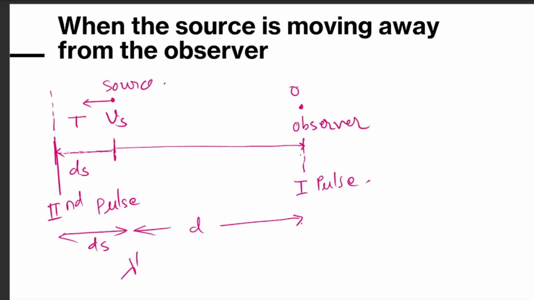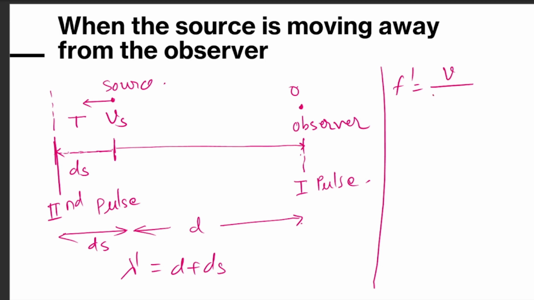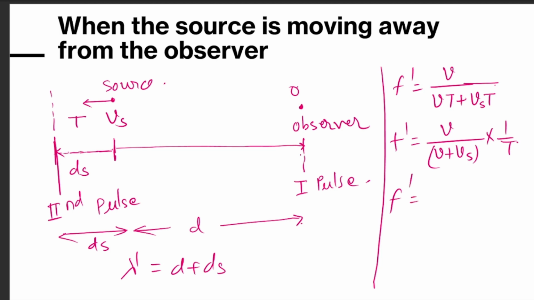So lambda dash is equal to d plus ds, and if you do everything like in the last slide, you can write f dash is equal to v by vt plus vst, and f dash is equal to v by v plus vs into 1 by t. And 1 by t is frequency. You can write f dash is equal to f v by v plus vs.